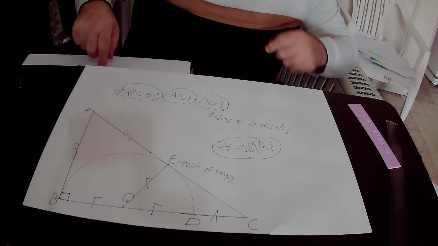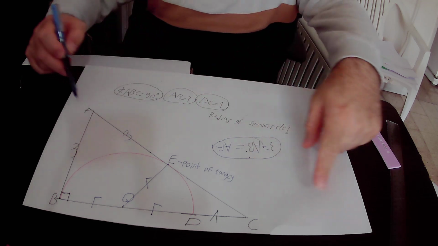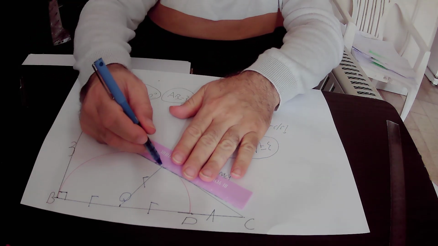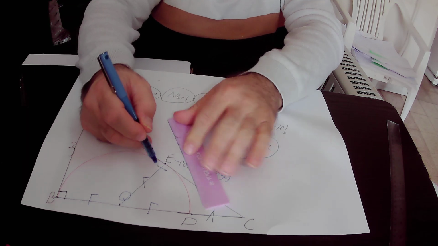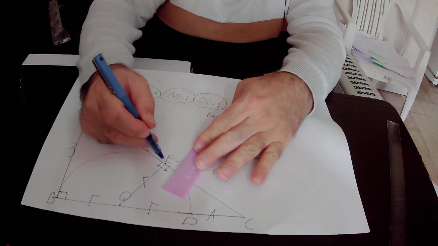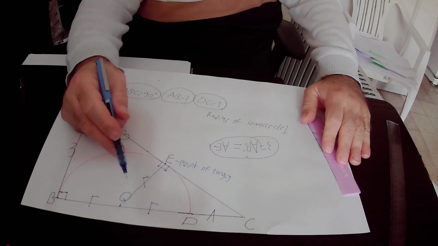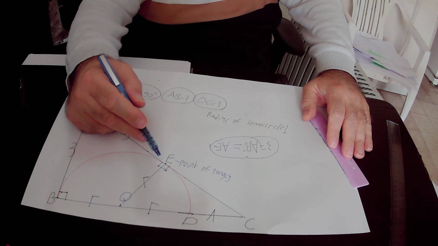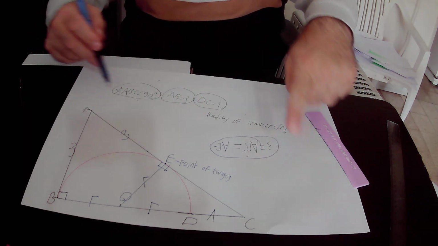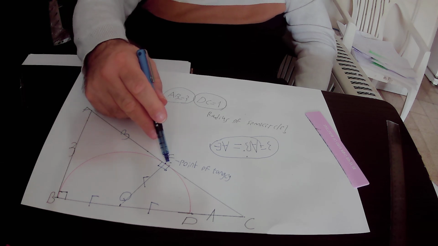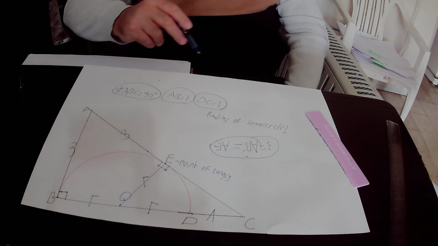Therefore, the tangent AC is perpendicular to this radius. That is to say, this angle equals 90 degrees and this angle also equals 90 degrees. Because this radius is drawn to the point of tangency, point E, the tangent AC is perpendicular to this radius, that is to say this angle equals 90 degrees and this angle equals 90 degrees also.